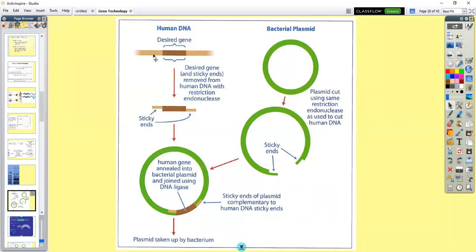So you take a piece of human DNA, you cut out the desired gene with the same restriction enzyme, it leaves the same sticky ends. So therefore it will fit within this gap within the plasmid. You put that plasmid back into a bacteria cell. You have a bacteria that, in the case of insulin, produces human insulin.